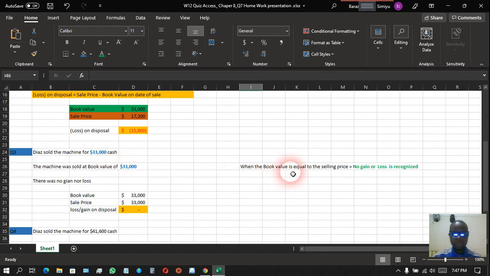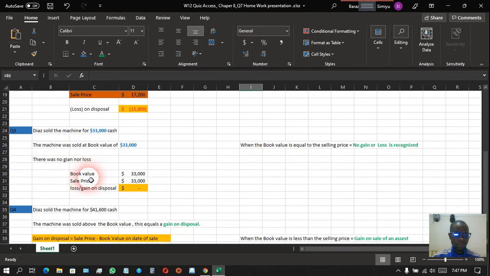And we know that when the book value is equal to the selling price, then there is no gain or loss recognized. So we take the book value, which is 33,000, subtract the selling price, which is 33,000, and this will give us 0. Therefore, there was no loss or gain on disposal of the machinery.